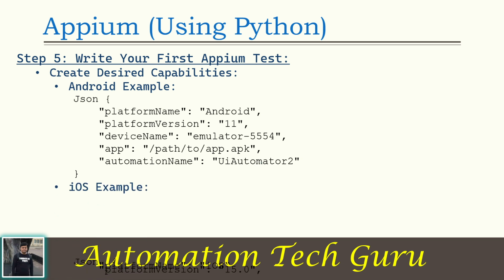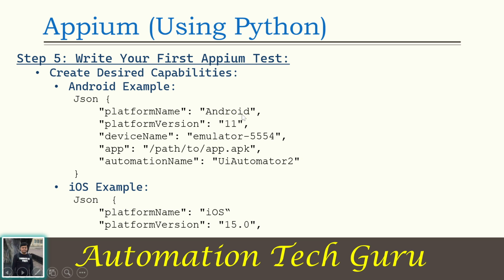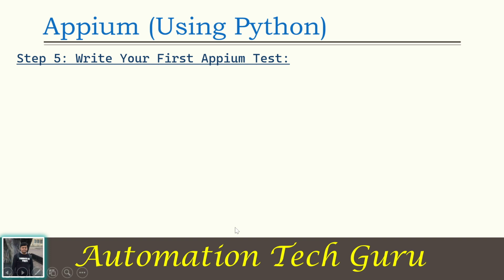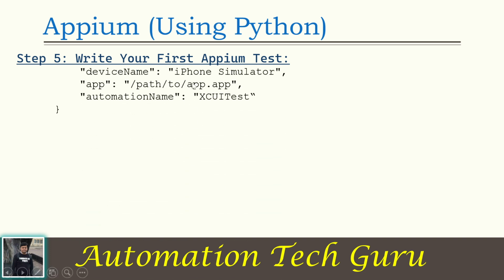Then next for iOS, same JSON with platformName iOS, platformVersion 15 or 16, whatever version you are using, and deviceName iPhone simulator. Then add path to app, automationName.